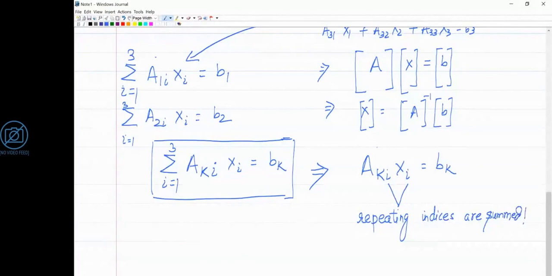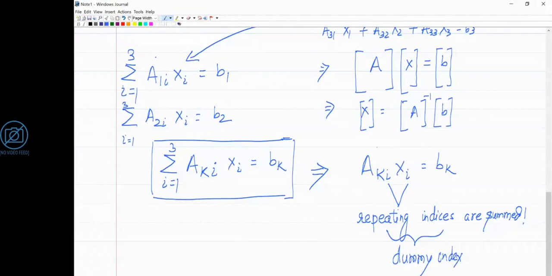And there are actually several rules of the summation convention. This repeating index is also called a dummy index. Why is it called a dummy index? Because this is just a variable of summation. You can replace i with any other symbol also.